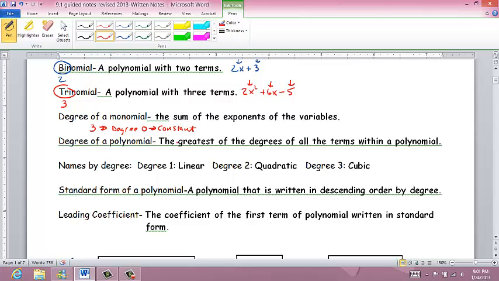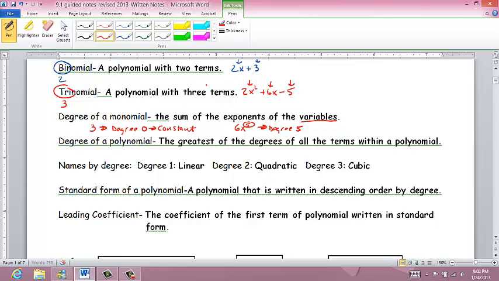Now, a lot of other terms will have variables. So how do we handle those in terms of naming them by their degree or assigning a degree? Well, if I give you the example 6x to the 5th, we would say the degree on this term is 5 because the exponent on the variable is 5. So this would be degree 5.